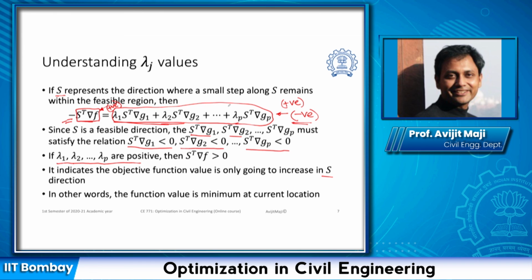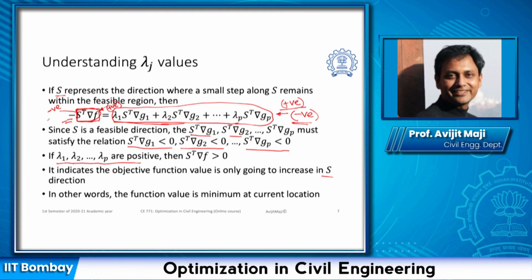On the contrary, as I said, if my lambda values of the active constraints are negative, then the right hand side of the equation is going to be positive, and in order to make the sign equal, the left hand side component should be negative, because it already has a negative sign outside.